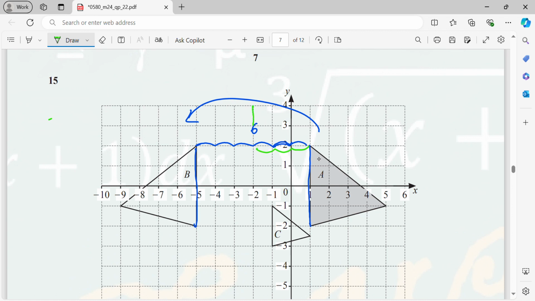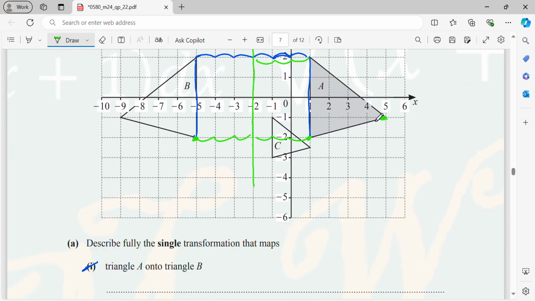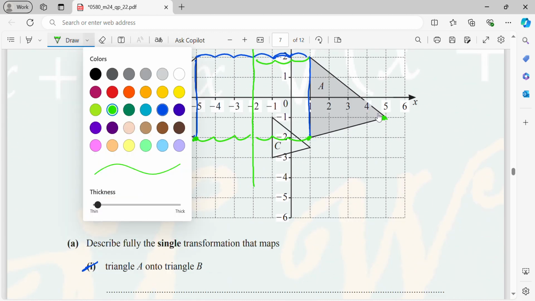So your mirror line is at x equals minus 2, so that it will be balanced, because even when you look at these 2 points, it will be the same, right? Also 3 units away, 1, 2, 3. Here is also 1, 2, 3. Same goes to this point, right? So from here I will say that is a reflection in the line x equals minus 2. That is the first part solution.